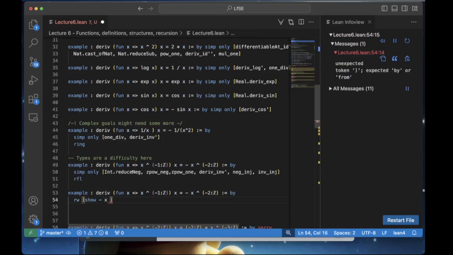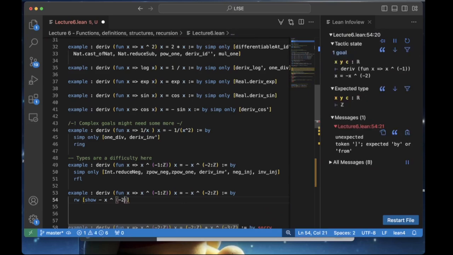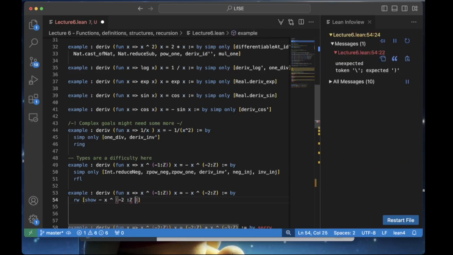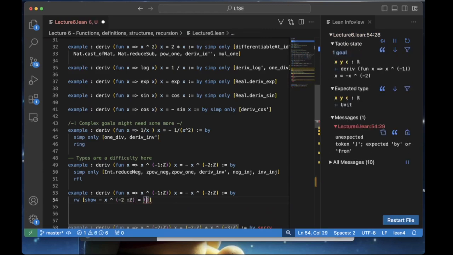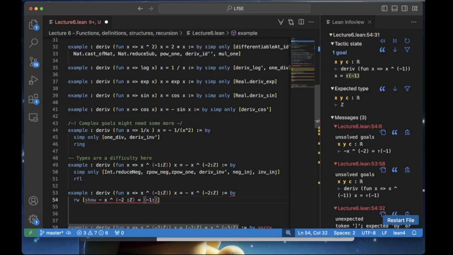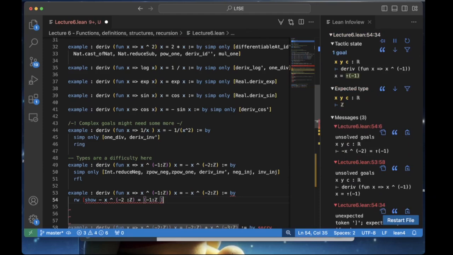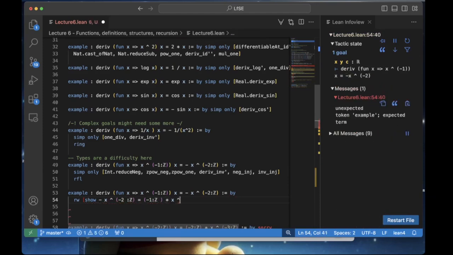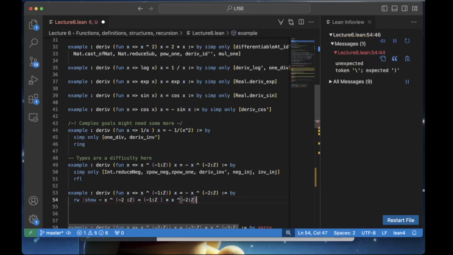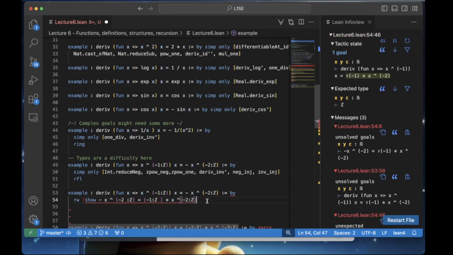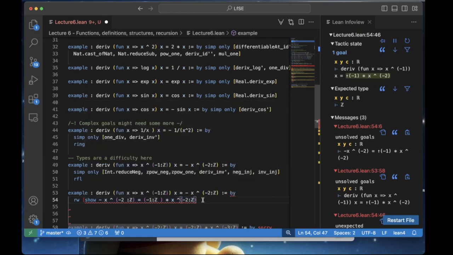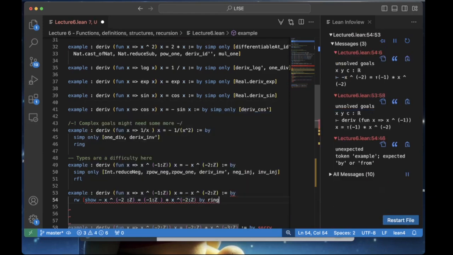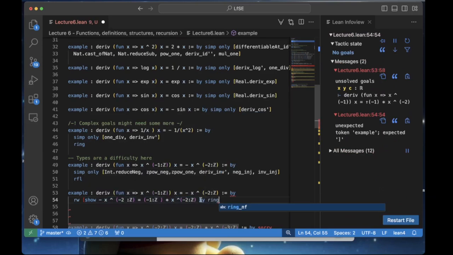What we're going to do is show that negative x to the power of -2, with type integer, is equal to -1 of type integer times x to the power of -2 of type integer. So see what we've done? We've just said negative x is equal to -1 times x. Okay, and this is a statement that we know by ring.